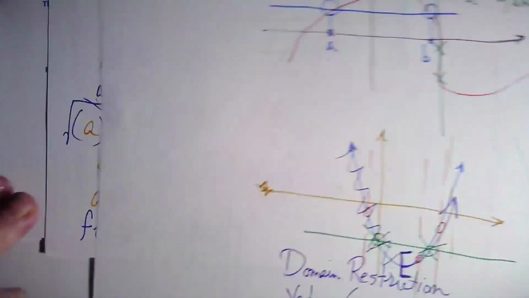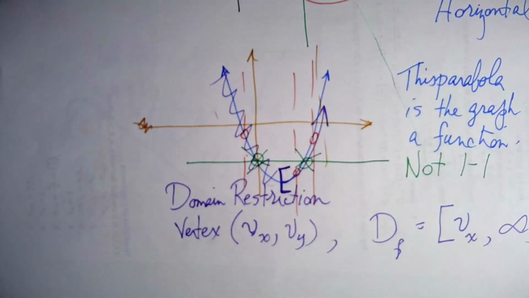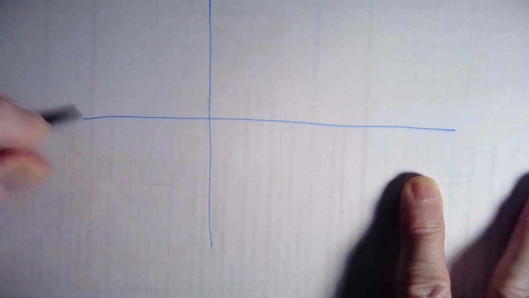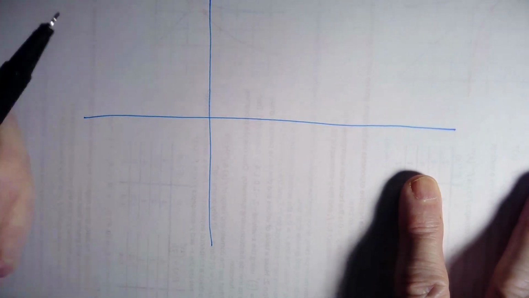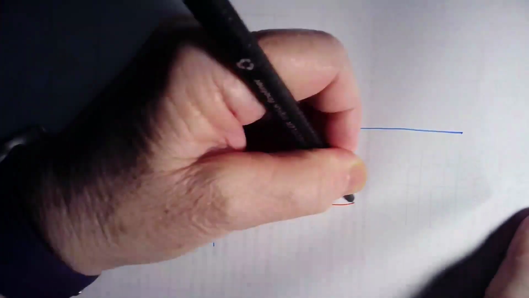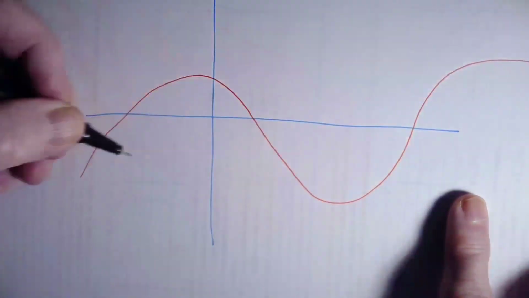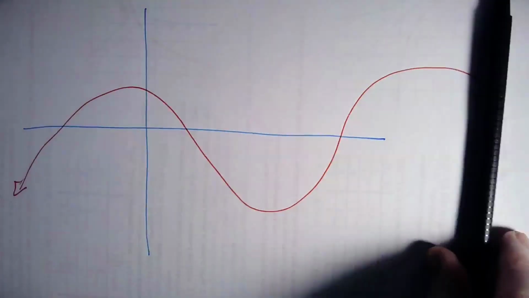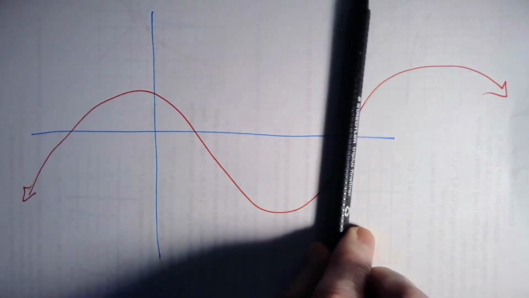All right, let's look at one other graph. And this is, again, going to be a function. Do you see that a vertical line only touches it once?